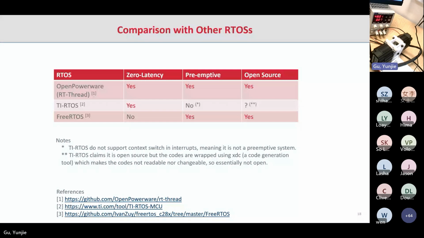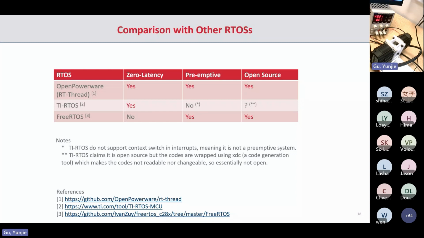After we have done that, we make a summary of what we do and compare it with other RTOS solutions, namely TI's native RTOS and FreeRTOS. We see that TI RTOS does not support context switch within an interrupt. That means we can't really preempt the thread; you have to wait for the thread to hand control back to the OS itself.